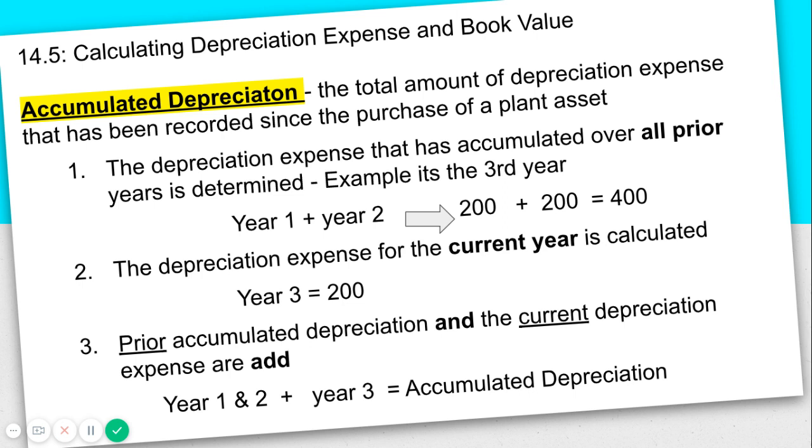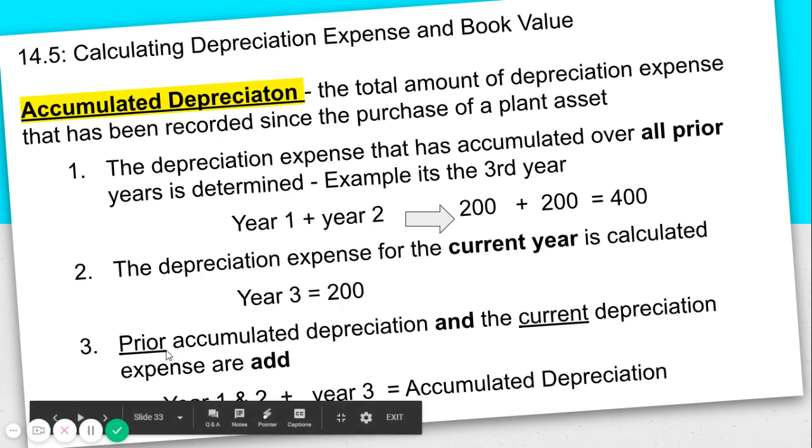Year 1 was $200, year 2 is $200, so we have $400. Depreciation expense for the current year is $200, for the 3rd year.